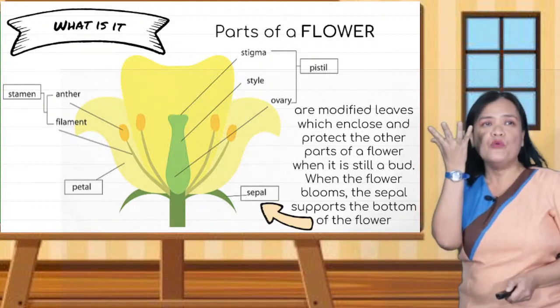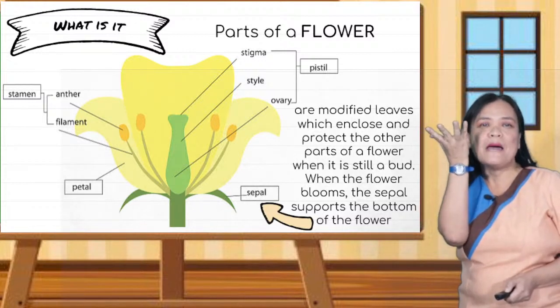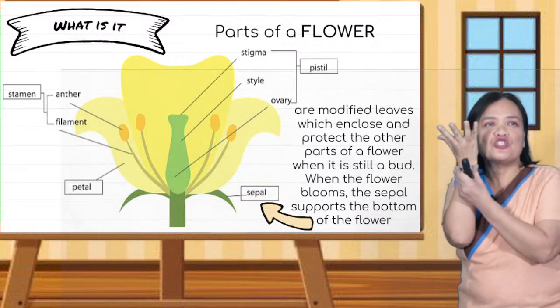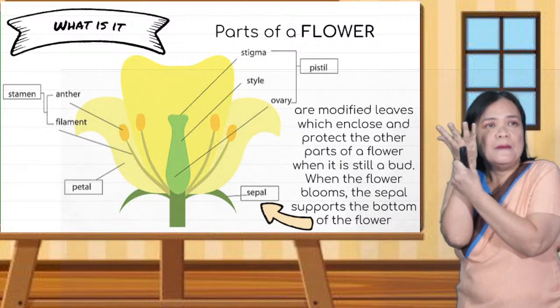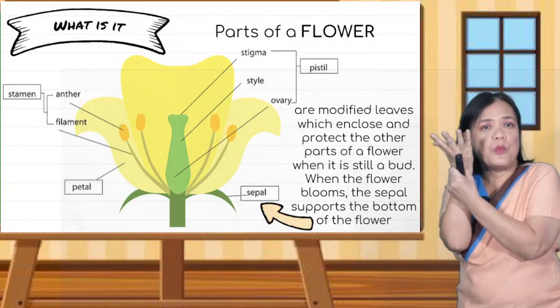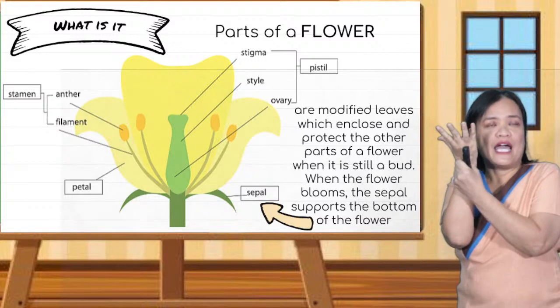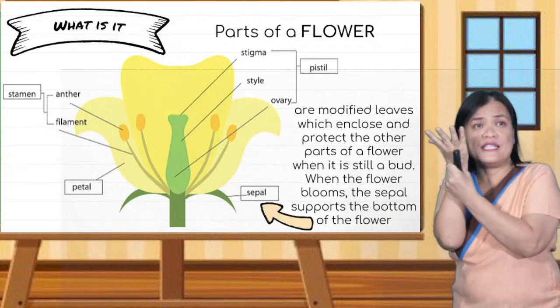When the flower blooms, the sepal supports the bottom of the flower. So the sepal is here again to support the flower.